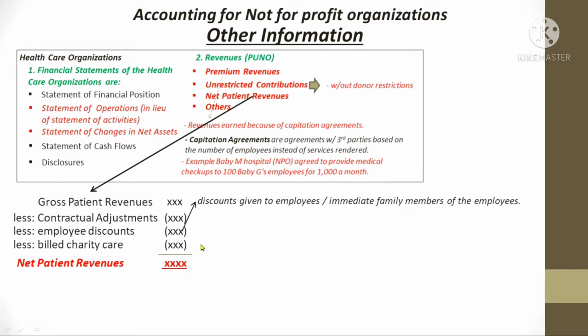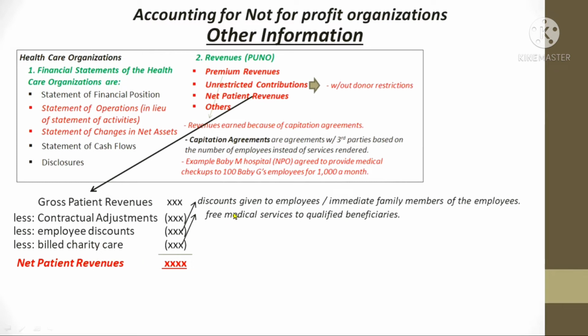The last one is the billed charity care, which is also self-explanatory because these are just free medical services to qualified beneficiaries, like for example, a free medical checkup program for the poorest of the poor or something like that. And that's it for the net patient revenues. Again, gross billings, less contractual adjustments, less employee discounts, and less billed charity care equals the net patient revenues.